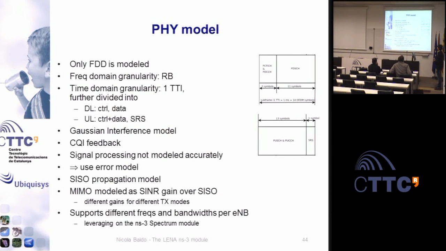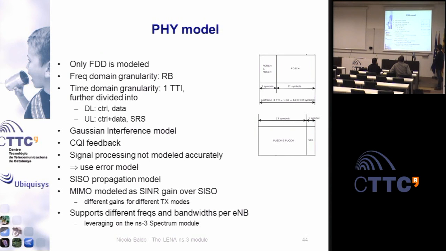This is a simplified model. We are aware of other simulators that did something more complex, like having the complex gain for every antenna pair and then calculating the actual SINR after recombination. But doing so implies a lot of additional runtime complexity, and that's why we decided not to do it.